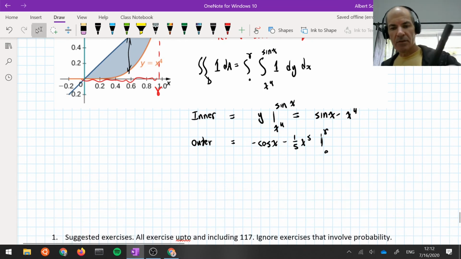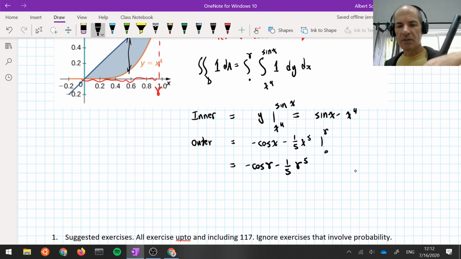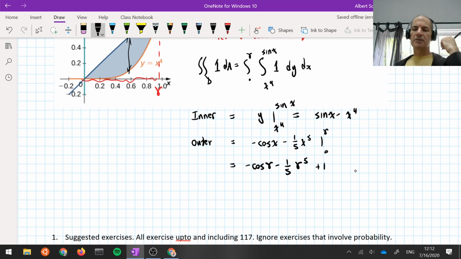It remains to evaluate these limits, so we get minus cosine of gamma minus 1/5 gamma to the fifth, and then plugging in 0 we get plus 1. Now we have to figure out what gamma is, and then we can come up with a final numerical answer.